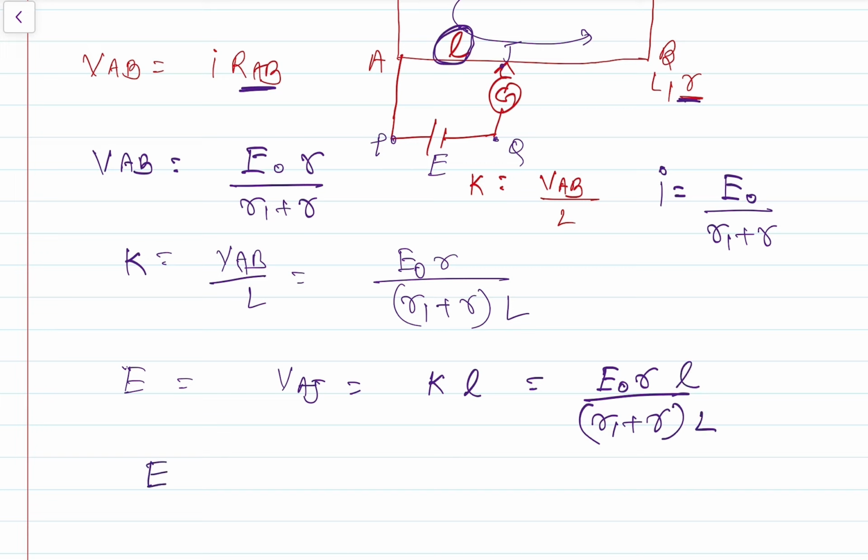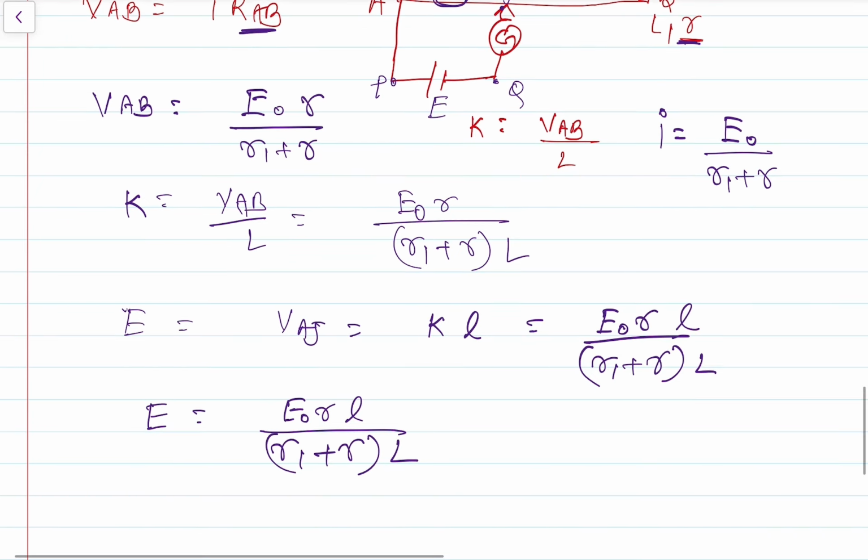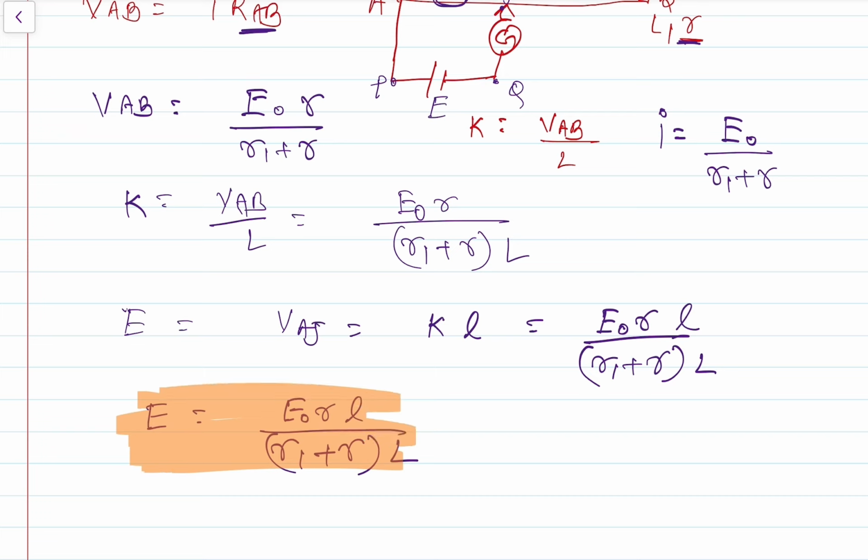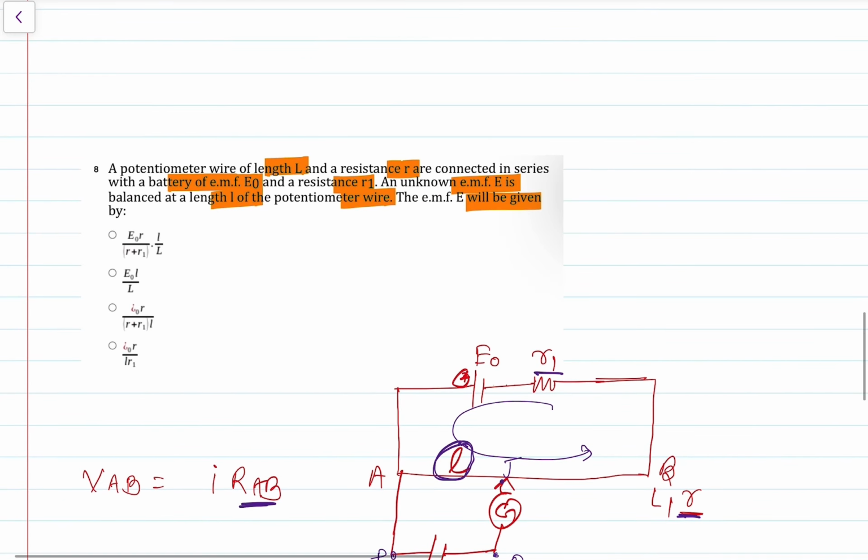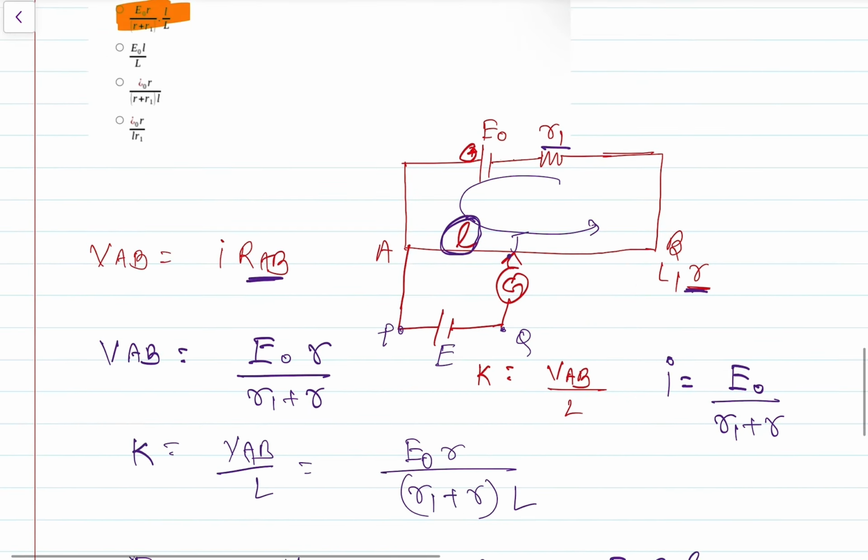So EMF of the cell now is E naught into r l by R1 plus r divided by L. This question was asked in NEET examination. Okay, so answer of this question is this one. Okay, so option 1 is correct.